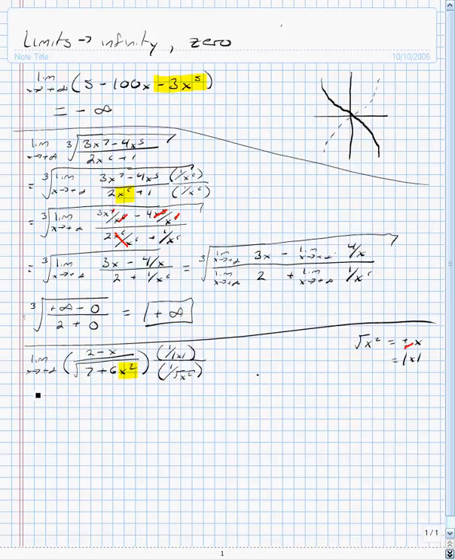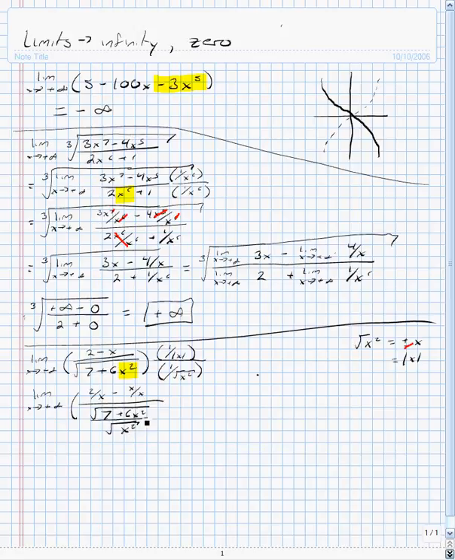Factoring that through, we get the limit as x approaches positive infinity of 2 over x minus x over x, over the square root of 7 plus 6x squared divided by the square root of x squared.